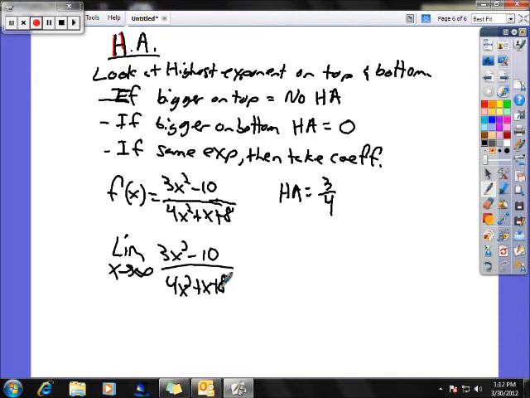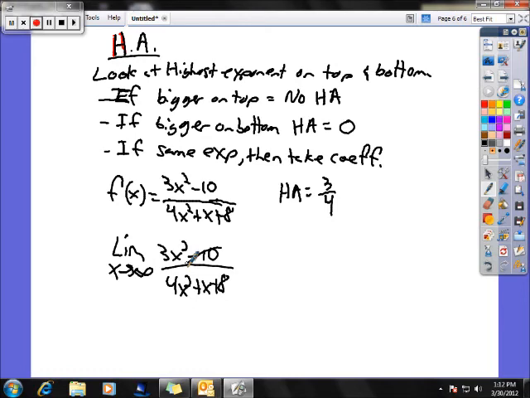Now, if we have infinity squared multiplied by 3, subtracting 10 from that is really not going to make a difference. That's why you can just get rid of this. If we have infinity squared multiplied by 4, that's getting so much bigger so much faster than just this x by itself, and adding this 8 is not going to make a difference either.